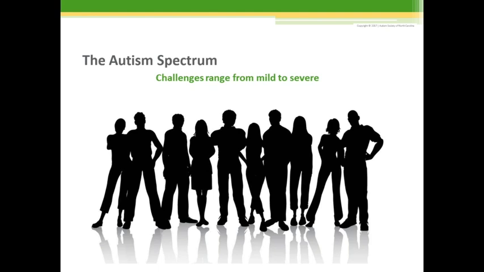Other individuals with autism also experience challenges but may be less severely impacted. And so some individuals with autism, for example, certainly go on to post-secondary settings upon graduation from high school. Some acquire and maintain competitive employment. Some are able to navigate their community and live with great independence.